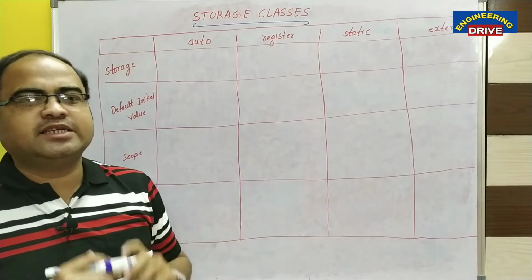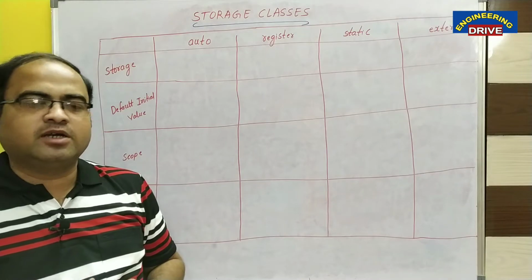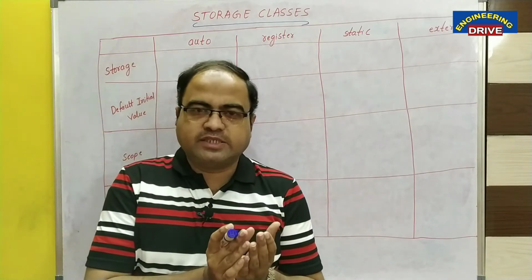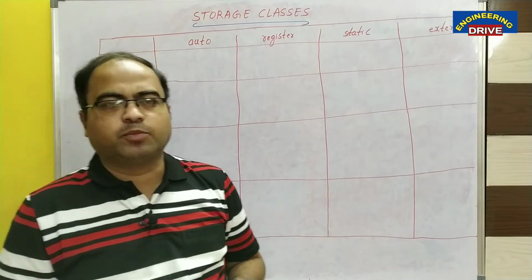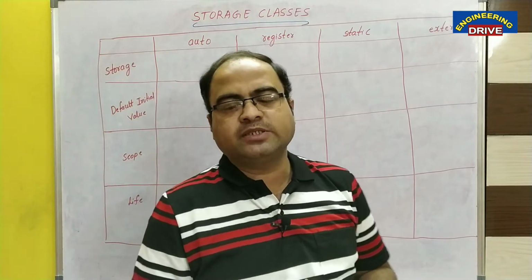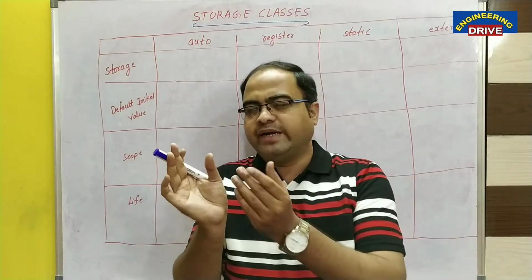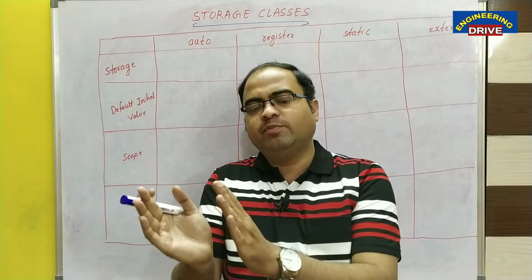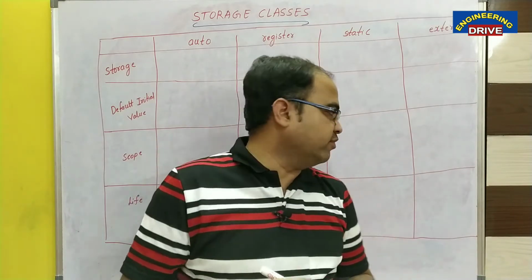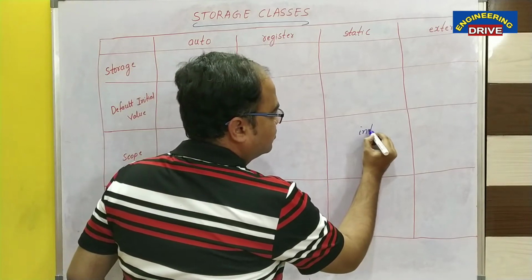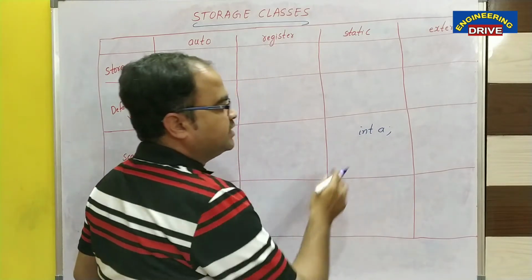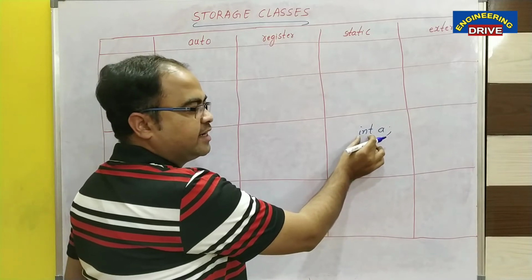Sir, where should we write this keyword in our C programs? Before the data type, for example int, float, char. Wherever we want to write the storage class, write it before the data type itself. For example, let us say this is a variable A and the data type is int.